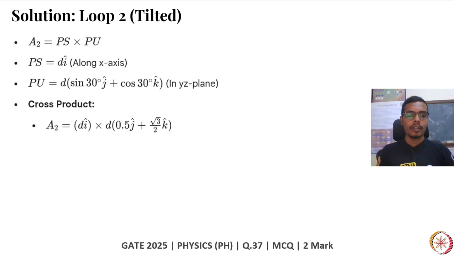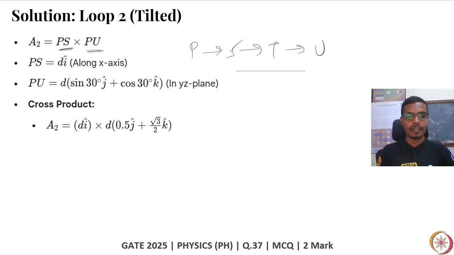Now for the tilted loop, PSTU. The current flows from S to T to U and P. To form a closed loop, we add a virtual current from P to S. Here the area vector is the cross product of its sides, vector PS times vector PU.